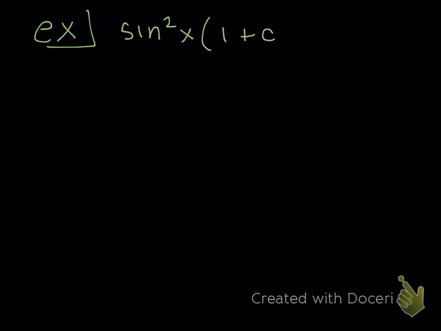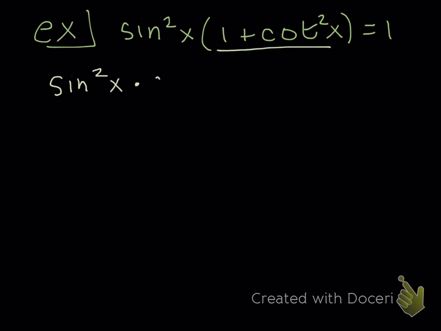So again, starting with the same problem, sine squared of x times 1 plus cotangent squared of x equals 1. So some of you might have been thinking when I started this problem, well, why is this so confusing? Why isn't it using the Pythagorean identity? So you could also use the Pythagorean identity. So if you look at the rest of the Pythagorean identities, you'll see 1 plus cotangent squared of x is equal to cosecant squared of x.